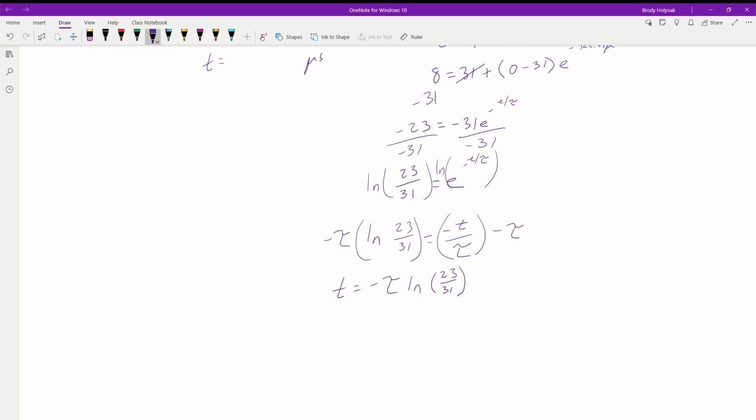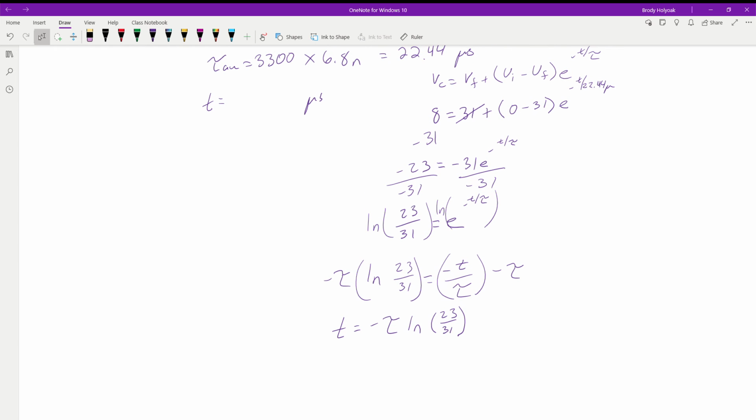So our tau, if we remember, was 22.44 micro.